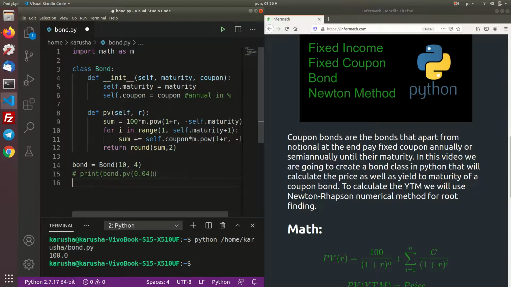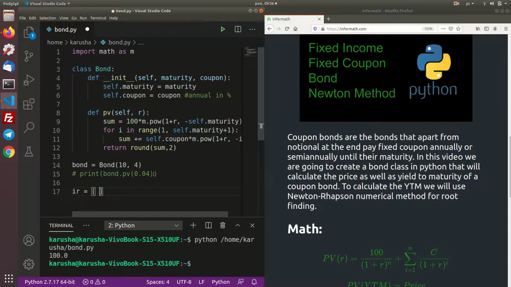Okay, let us use this PV of the bond function to see what is the relationship between the interest rates and PV of the bond. So let us first define an array of interest rates. Let's call it IR.